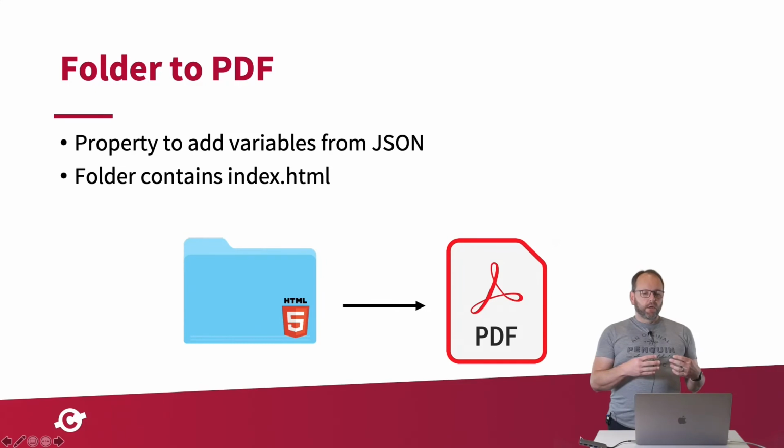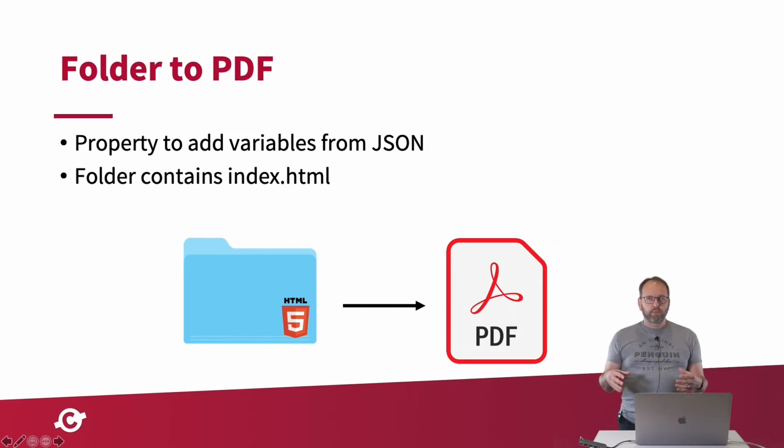And so the second conversion way that this app will support is that a folder travels through a Switch workflow and encounters this pdfChip app. The assumption is going to be that there will be an HTML file inside of that folder. And again, there will be a property for the app that allows you to set a JSON file.